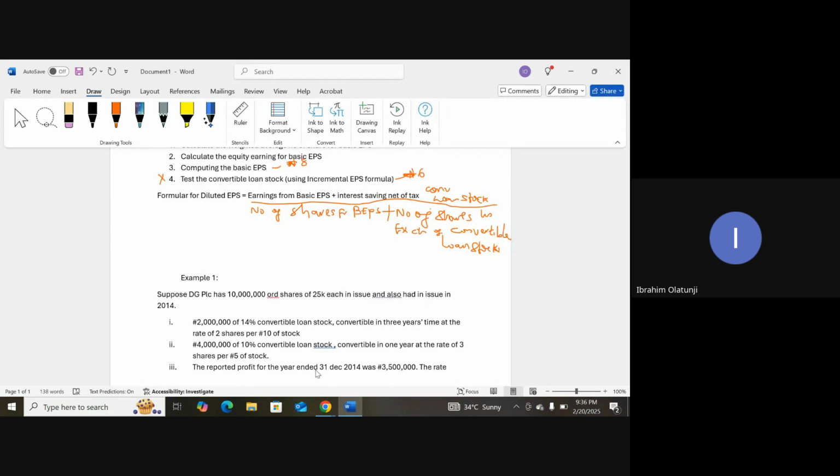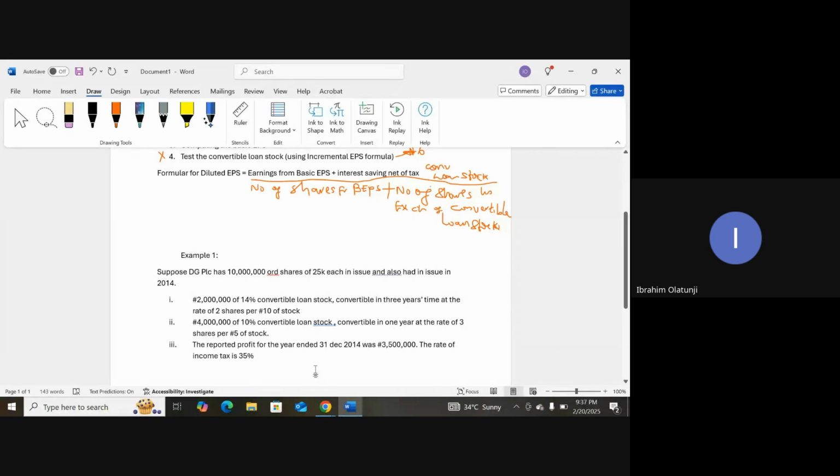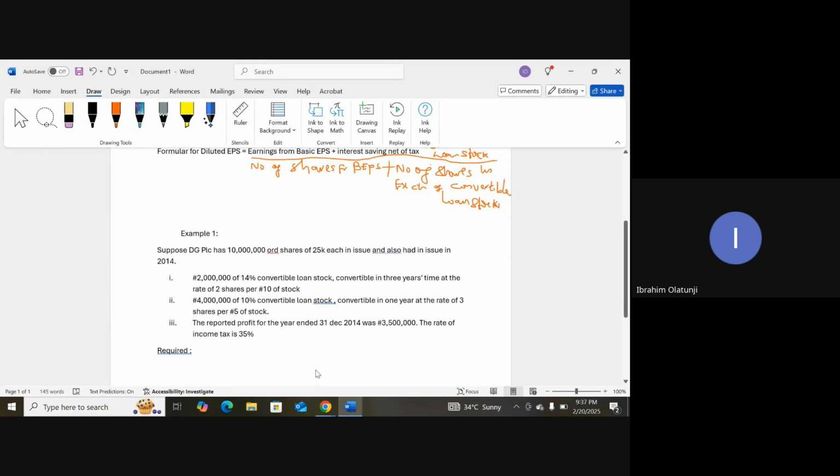The rate of income tax is 35%. Required: what is the basic EPS and diluted EPS?